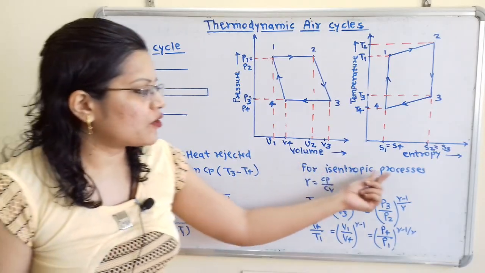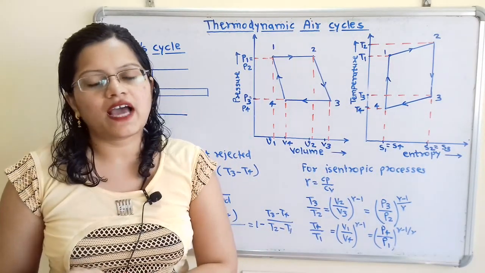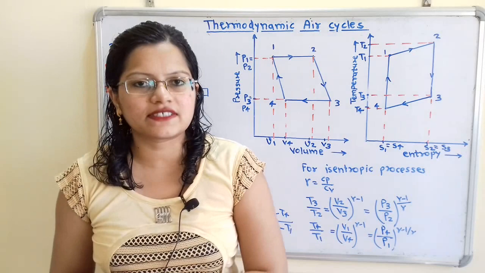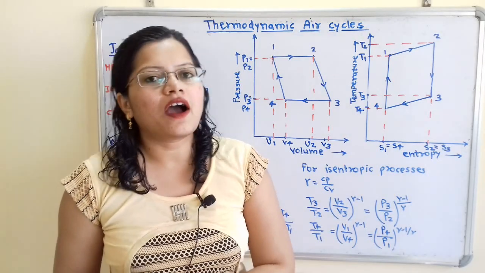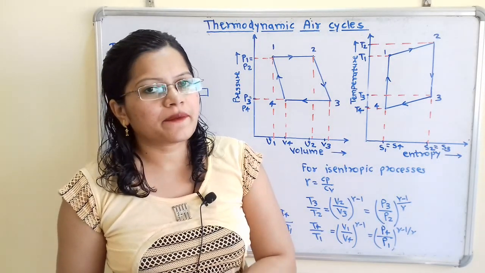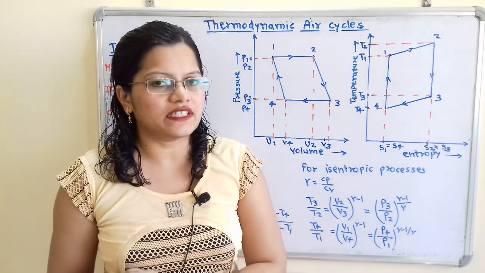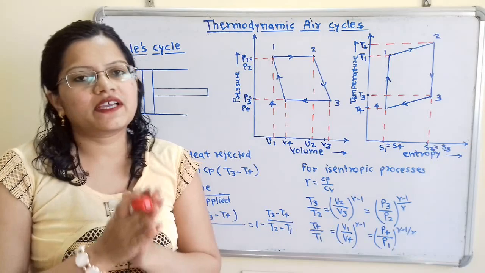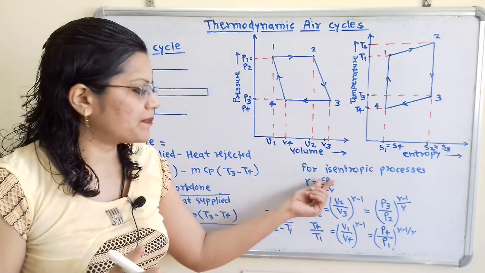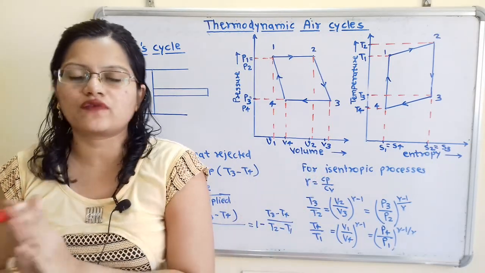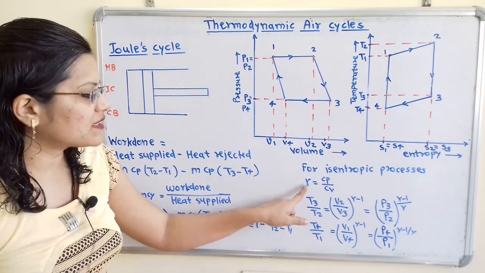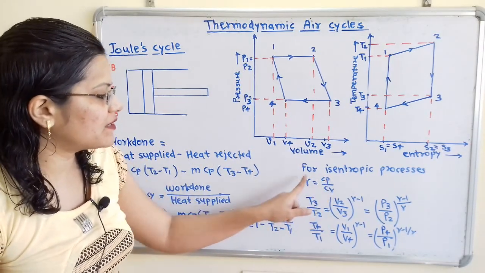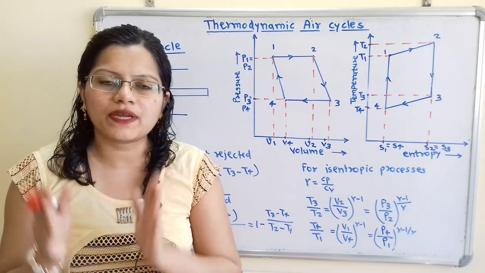For isentropic processes, we consider the isentropic index, gamma. How do we calculate gamma? It is nothing but the ratio of specific heats, Cp and Cv: specific heat at constant pressure and specific heat at constant volume. So gamma is equal to Cp by Cv, which is known as the isentropic index.